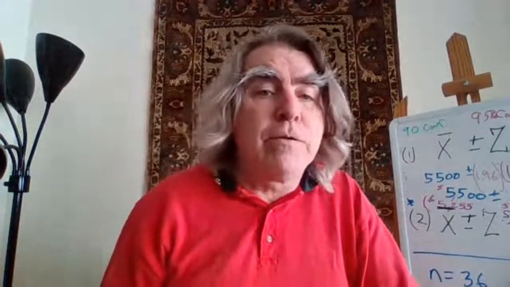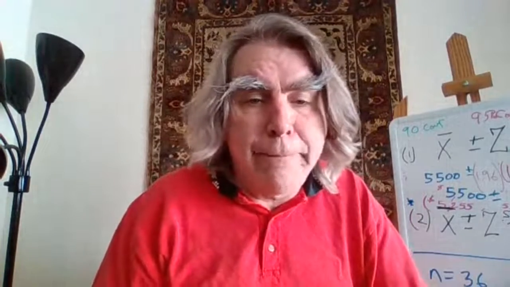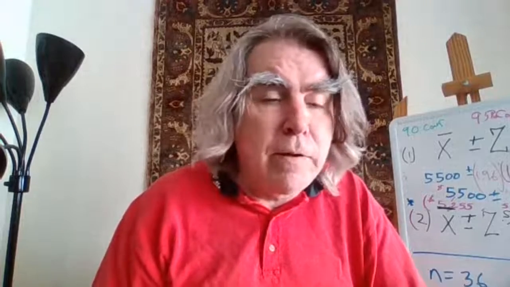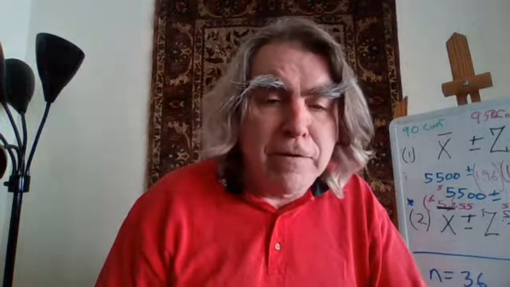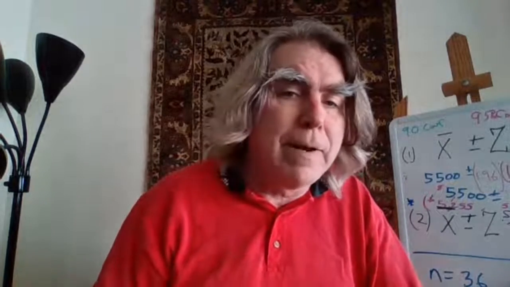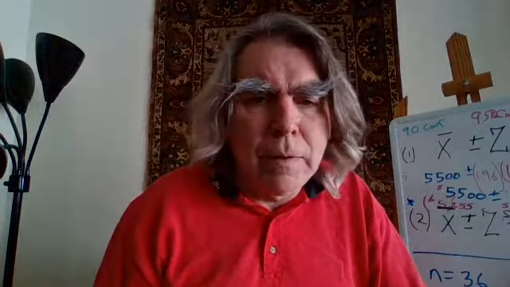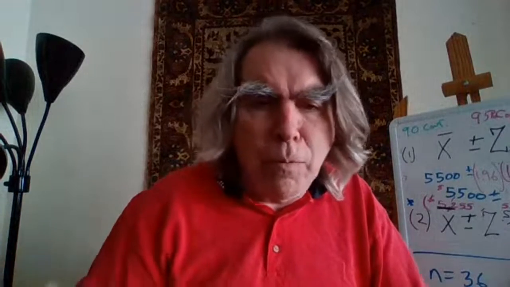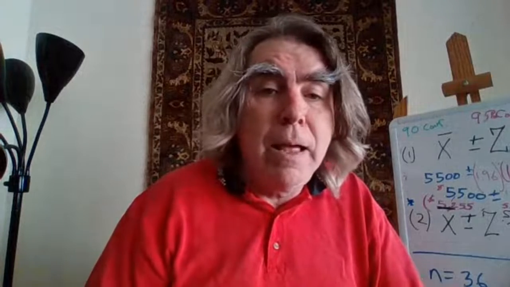And then next week, we're going to do two special things. One is what to do when you are doing confidence intervals for ratios or percentages. There's a separate formula for that.